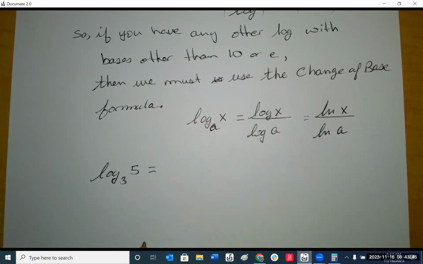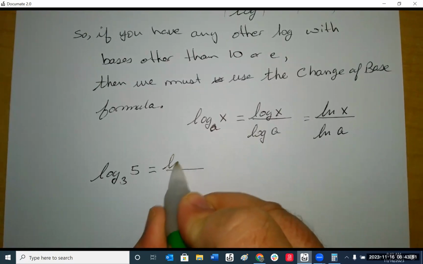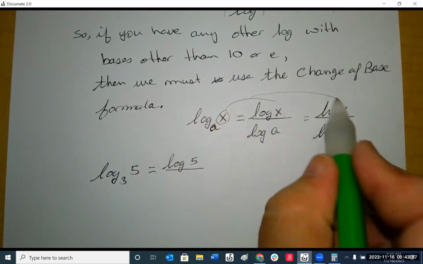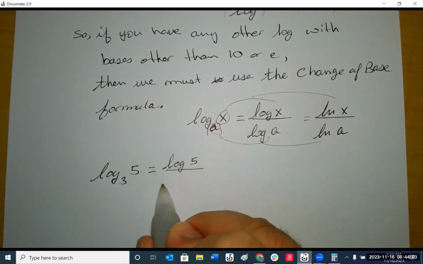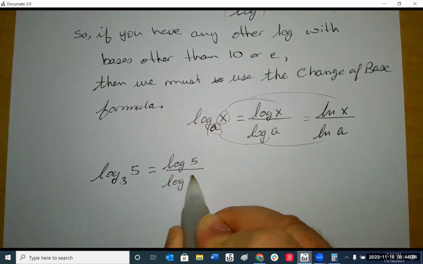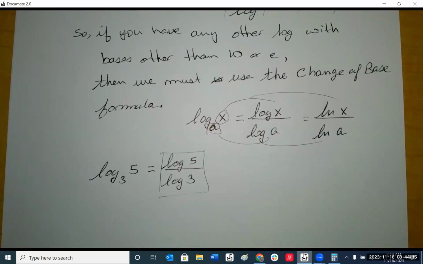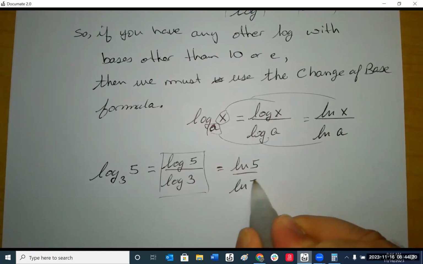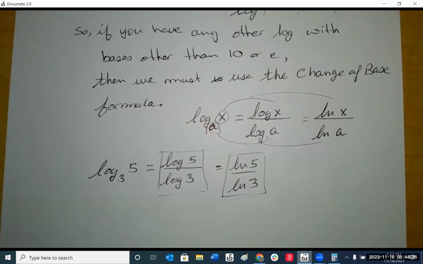So if we had something like this, we couldn't use a calculator for it. Whatever's on top, the operation that goes on top, whatever the base is, stays on the bottom. If I want to use the logs, I'd use this. If I want to use the natural logs, I'd use this. The ratio is still going to give you the same answer.